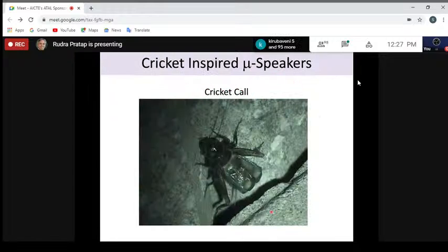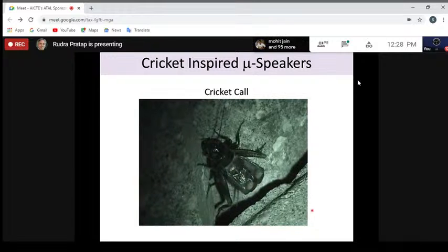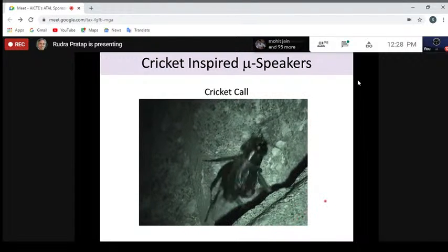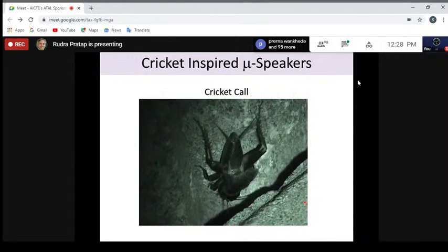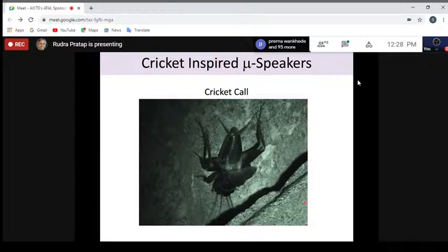Another example I can give you is of micro speakers that we have built, MEMS speakers, another transducer that we have built. And we built it by learning some tricks from crickets, these insect crickets. We were trying to study these crickets, that how do they produce such loud sound just by moving their wings like that.